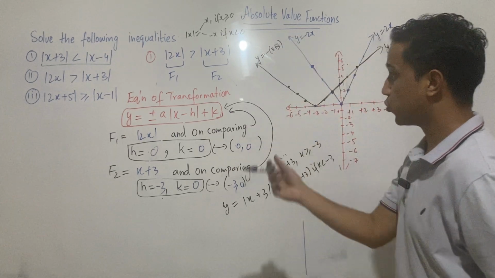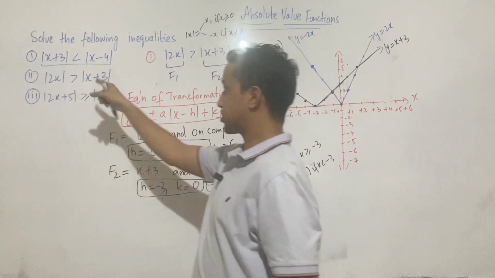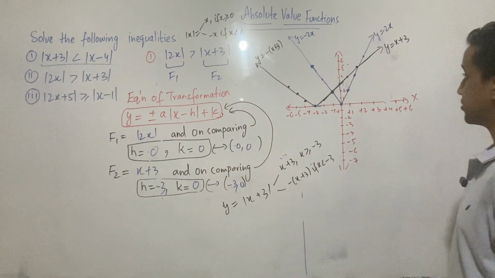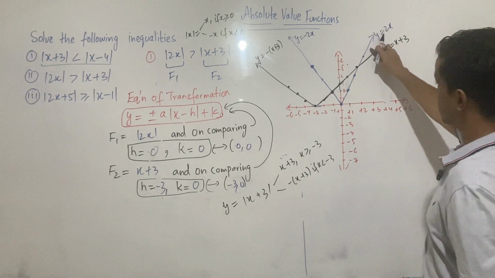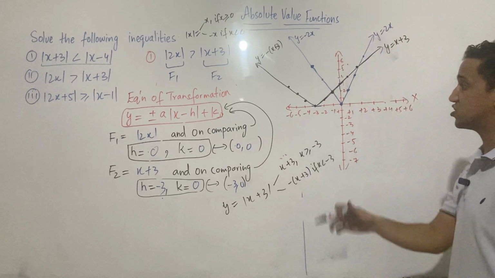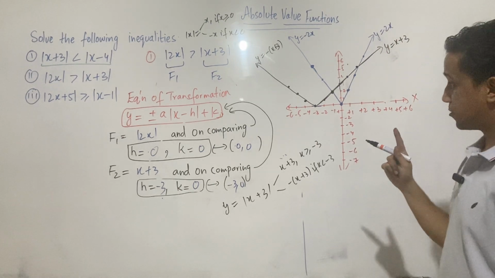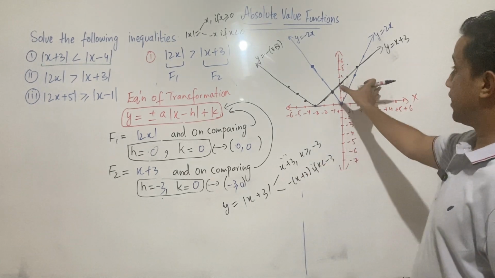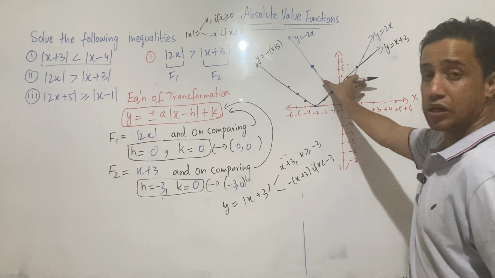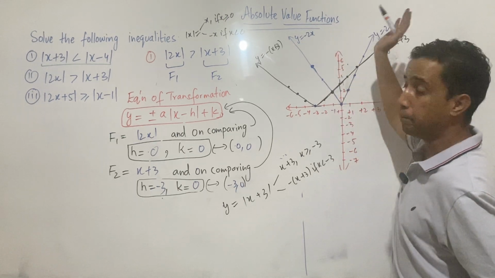Now see here, the question says you have to find the absolute function 2x greater than x plus 3. So this is your 2x. Greater than means you have to find the domain of this blue graph for which the blue graph stays above the black graph.